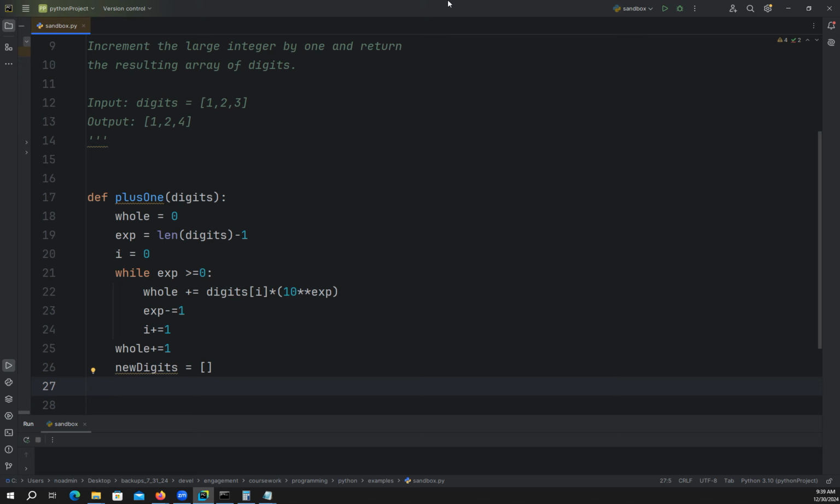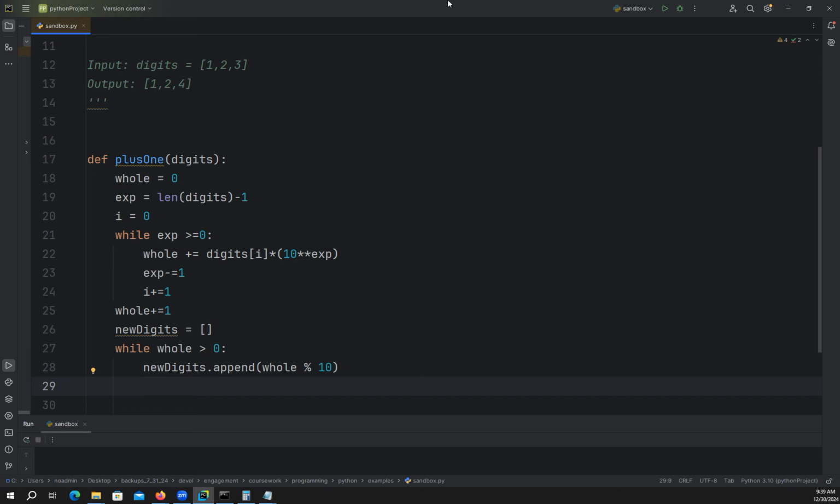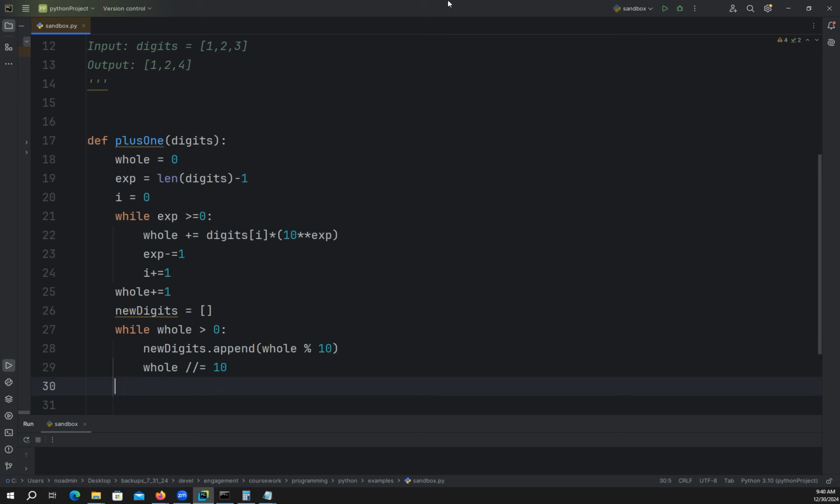And here's how it goes. Yeah, that is the algorithm.